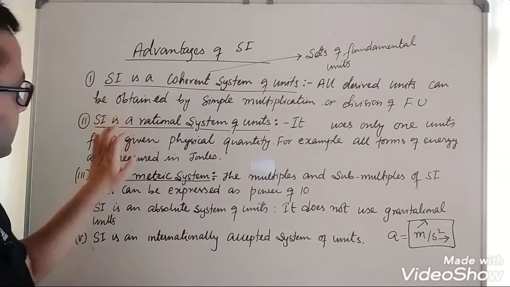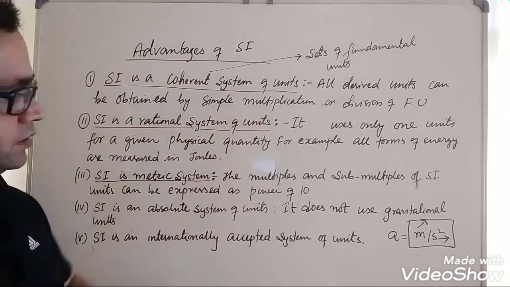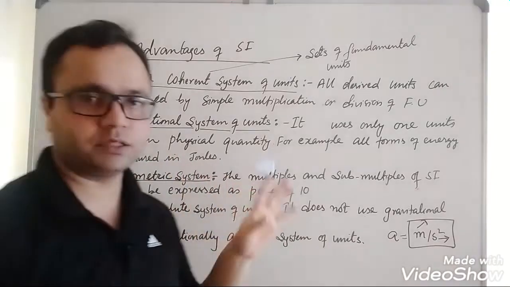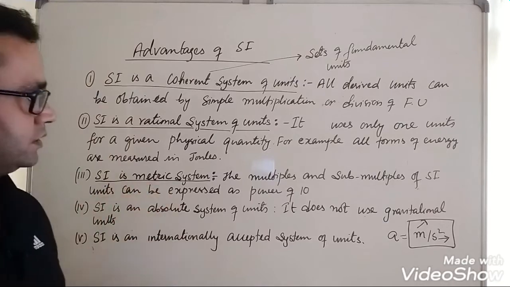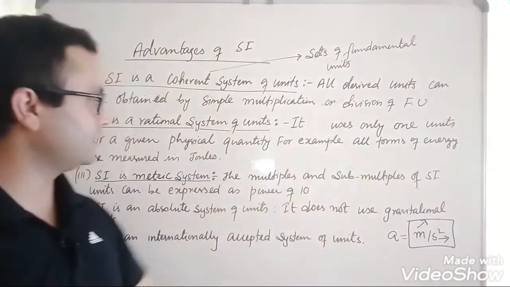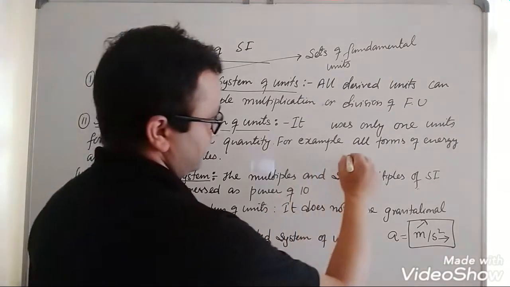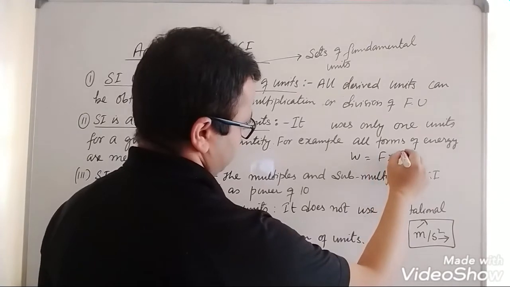Next, number 2: SI is a rational system of units. It uses only one unit for a given physical quantity. For example, all forms of energy are measured in joules. Suppose work done: we know that work done is force into displacement.